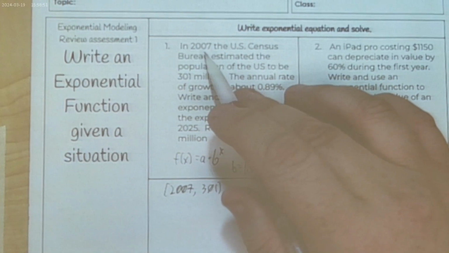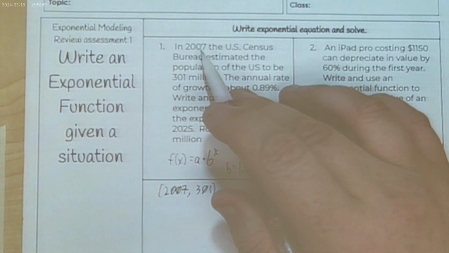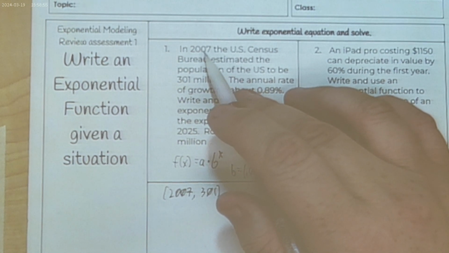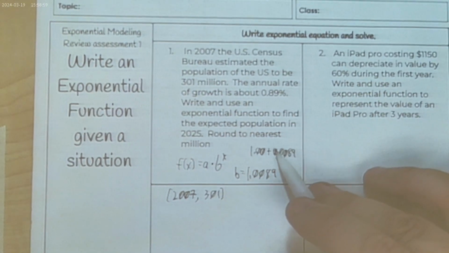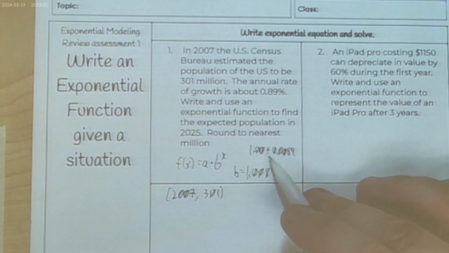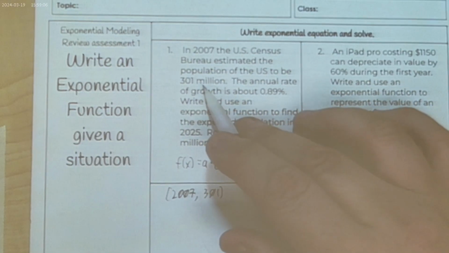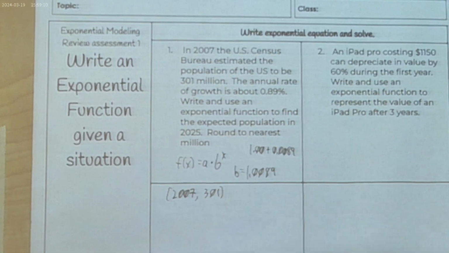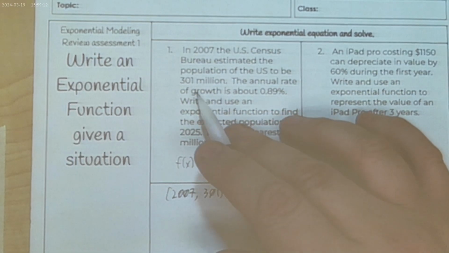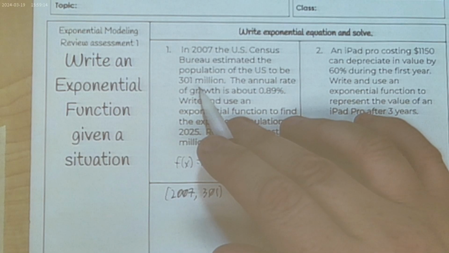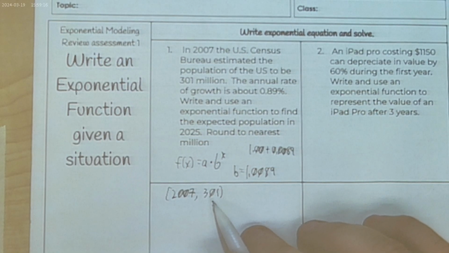So 2007 is the very first year that we have data, that means that whatever the growth rate is, we start out at this number in 2007. So what that should key in on is if we're starting with 300 million in 2007, that gives us our initial value.